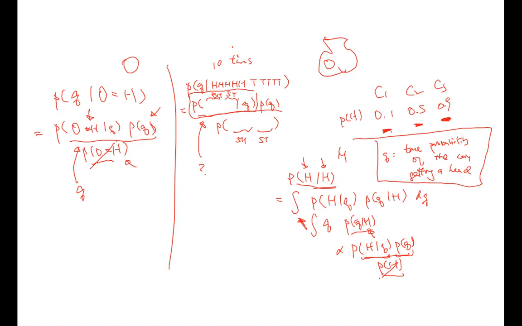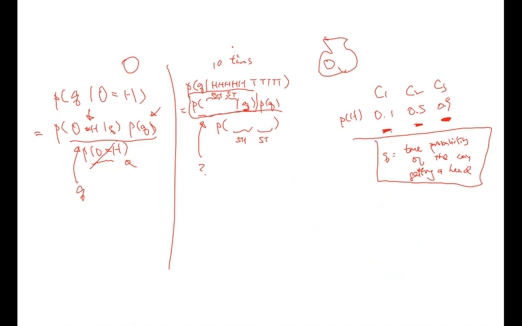Given that, how is that related to Q? Let's say your observation is 5 heads and 5 tails, given Q here. Actually, I shouldn't expand this, this probably confuses you. So let's just focus on this.